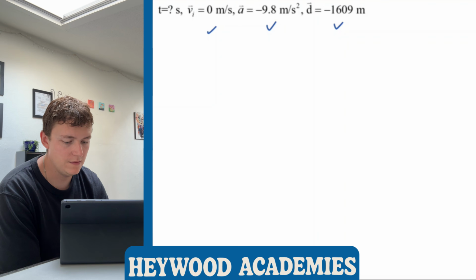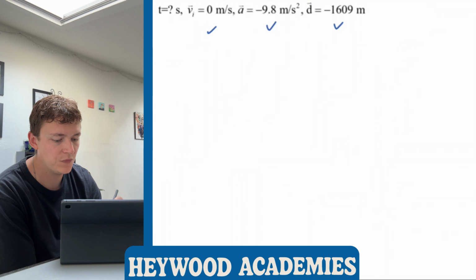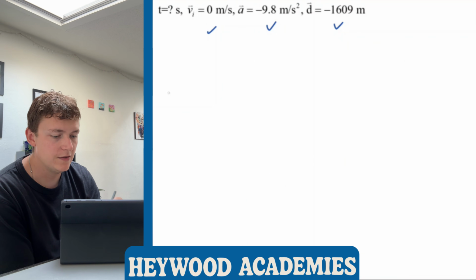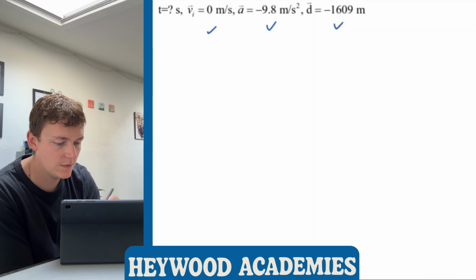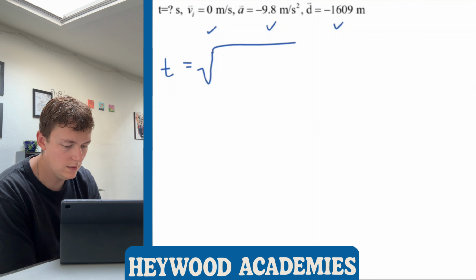So I'm going to cheat a little bit, and I'm going to grab the equation that we just used because it's going to be the exact same equation. So we can go ahead and use that to solve for this. So we can say time is equal to the square root of 2 times delta x over a.